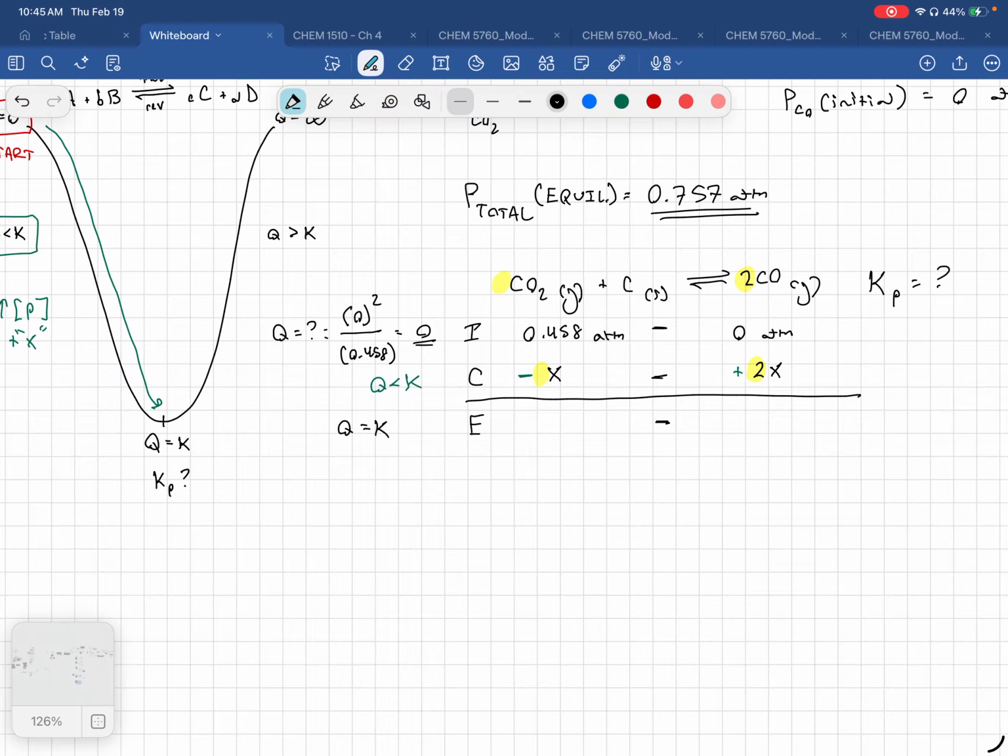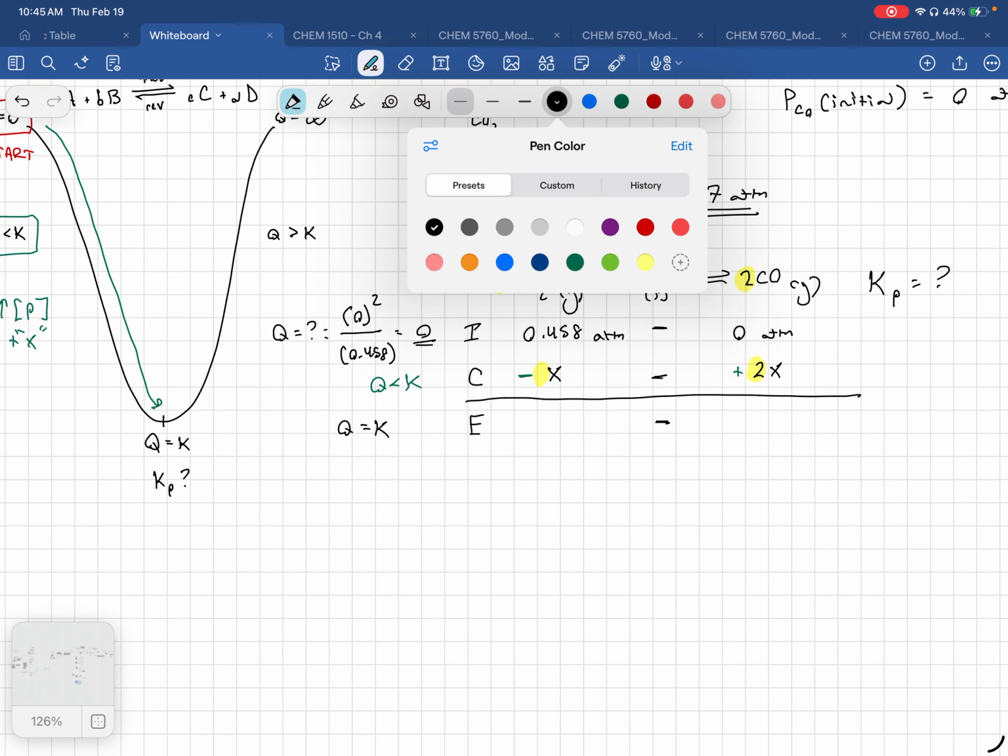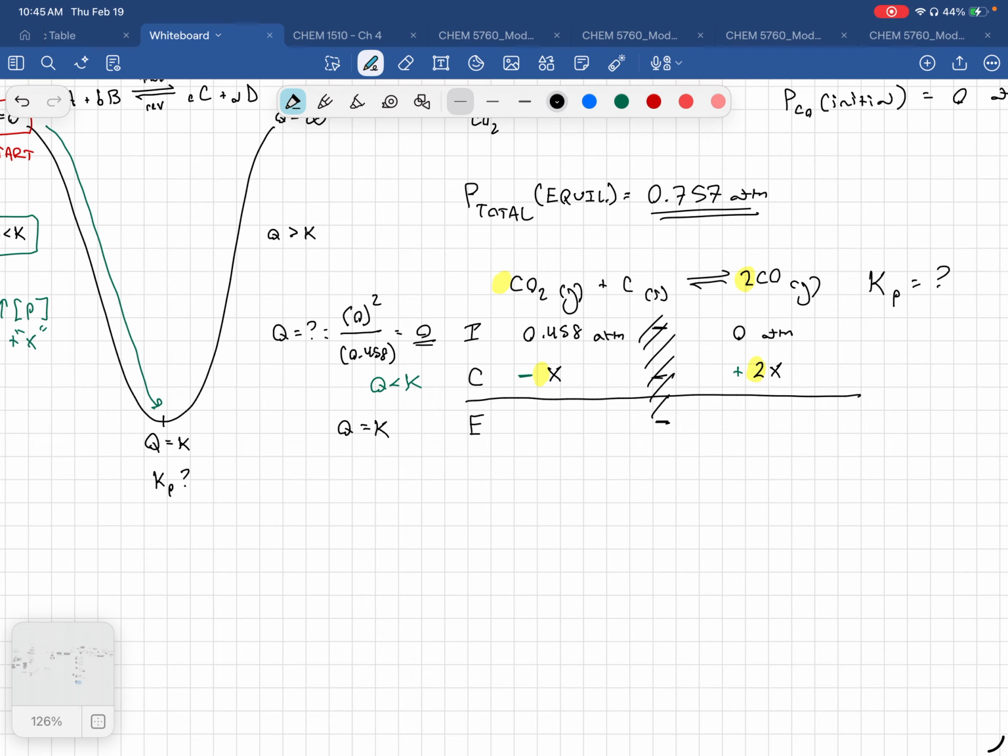If one side is plus, the other side has to be minus. So note, Q is less than K. Reactants are minuses. Actually, I'll block this out more, right? We're ignoring that column. Reactants are minuses. Products are pluses when Q is less than K. When Q is greater than K, reactant changes are pluses and product changes are minuses.